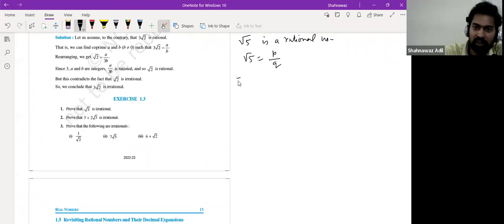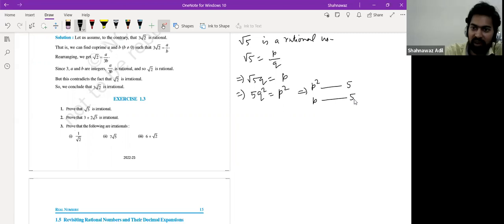So root 5 q is p. So we will square it. So this will be 5 q square equals p square. So p square has a factor of 5, so p has a factor of 5, right? Yes, sir. So if p has a factor of 5, then we can write p as 5m, right?